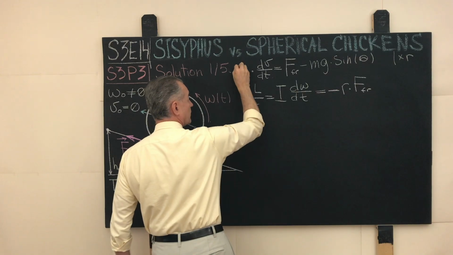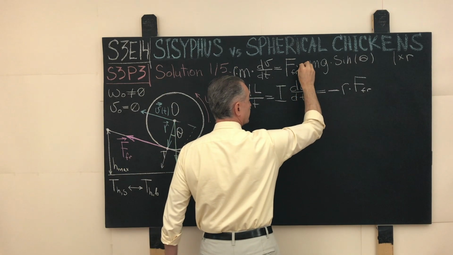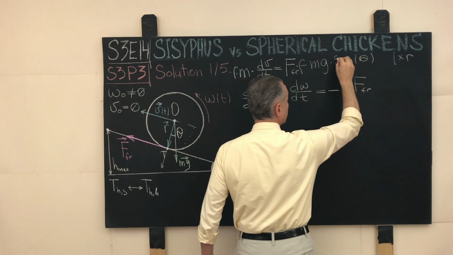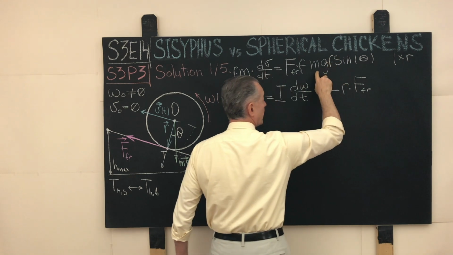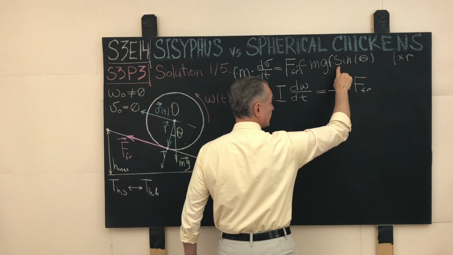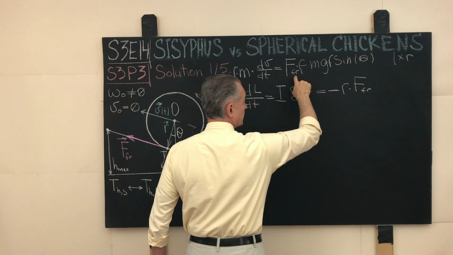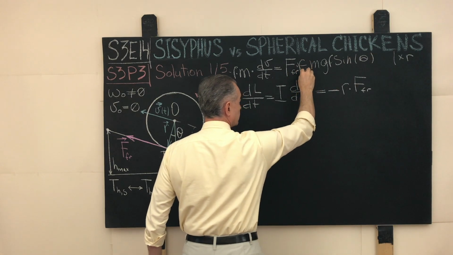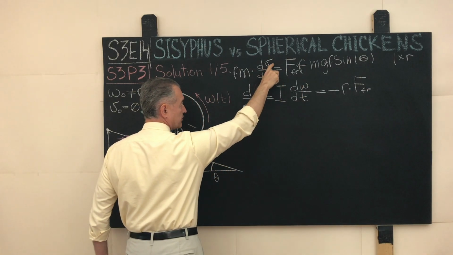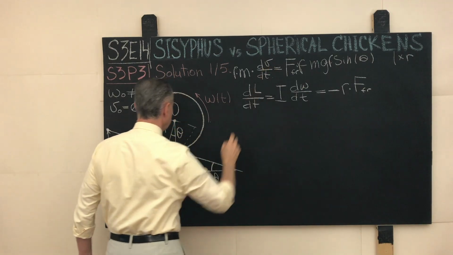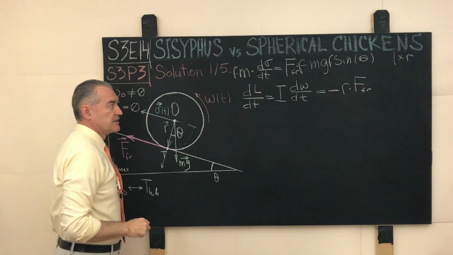So we will have r on the left hand side, and we will have mgr times the sine of angle theta, force of friction F, friction times r, the radius, and then r times m times the first derivative of the linear velocity of the center of mass over time.